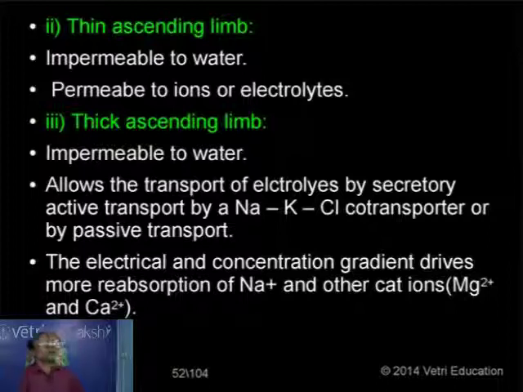And normally the thick ascending limb region is also called the diluting region, the diluting fluid region, because the osmolarity or the tonicity decreases when it reaches the last part of the tubule, maybe the distal convoluted tubule. This is because of the transport of electrolytes. So this region is more permeable to electrolytes.